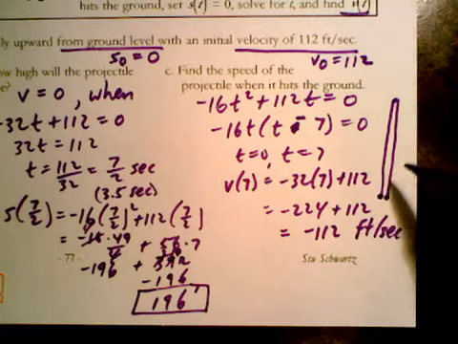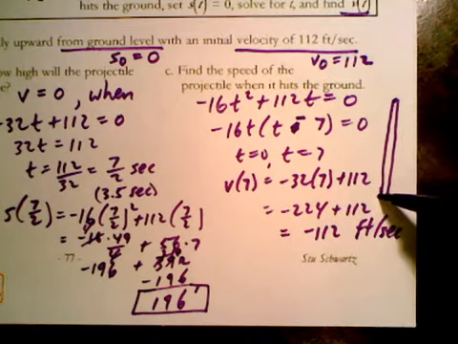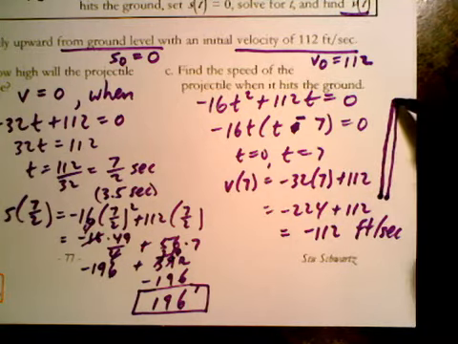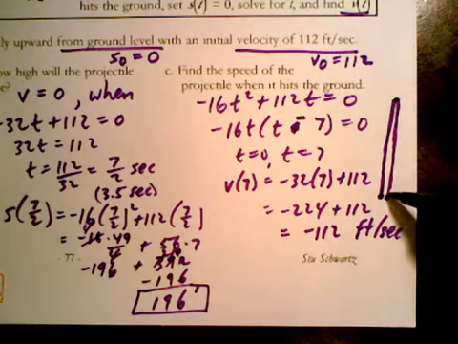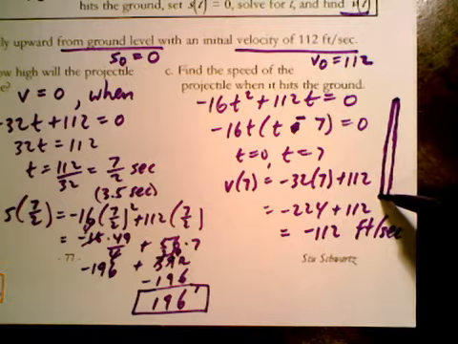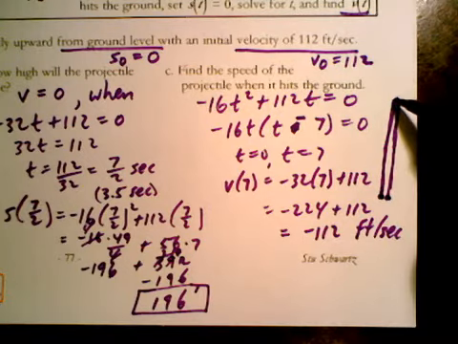So we can see from what we just did that when you launch an object up into the air at an initial velocity, this particular one took 3.5 seconds to go up. No matter how much time it takes to go up, it'll take that much time to come back down, but it'll also hit the ground with the same velocity as the velocity that you launched the object with.